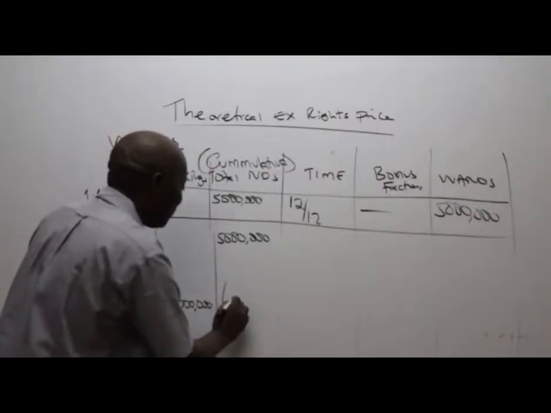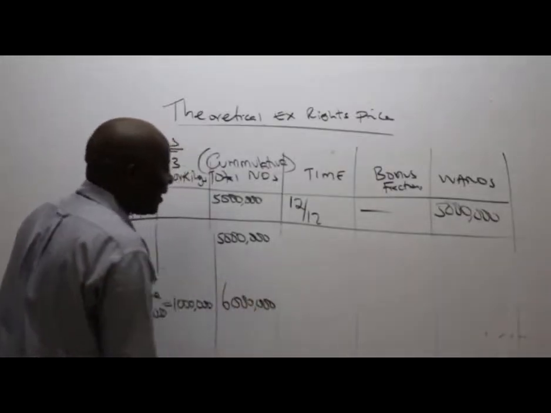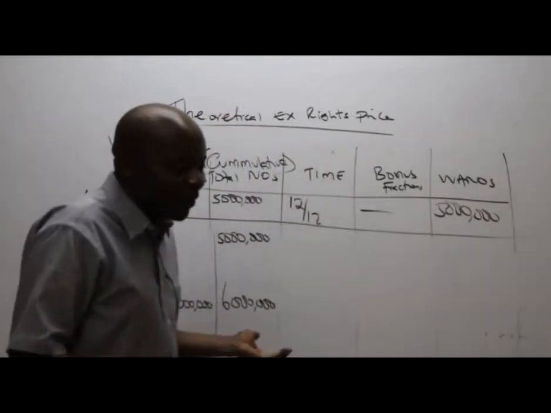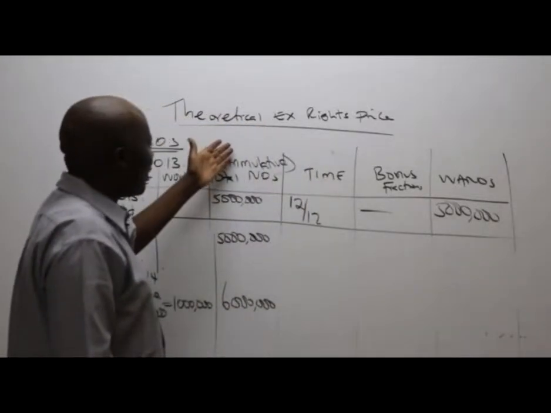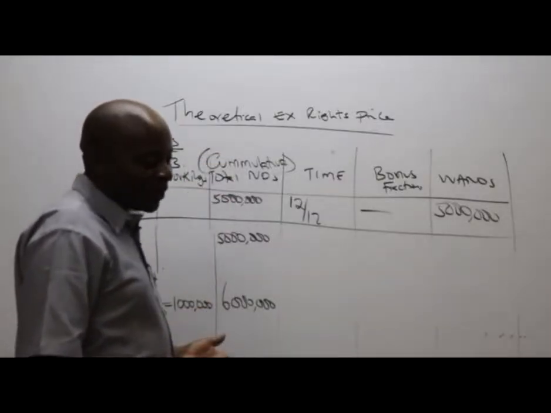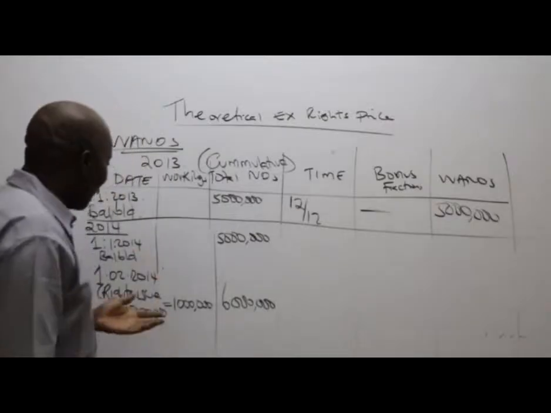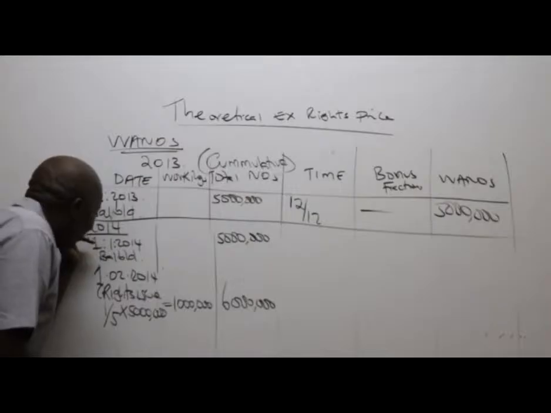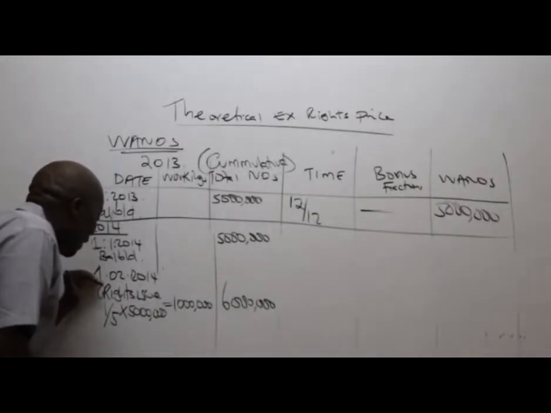6 million. Now, ladies and gentlemen, listen to me very well. There is no other transaction that happened in the year 2014. So from there, you start counting months. First you start from this particular date, our opening date, to the next date when we had a transaction.